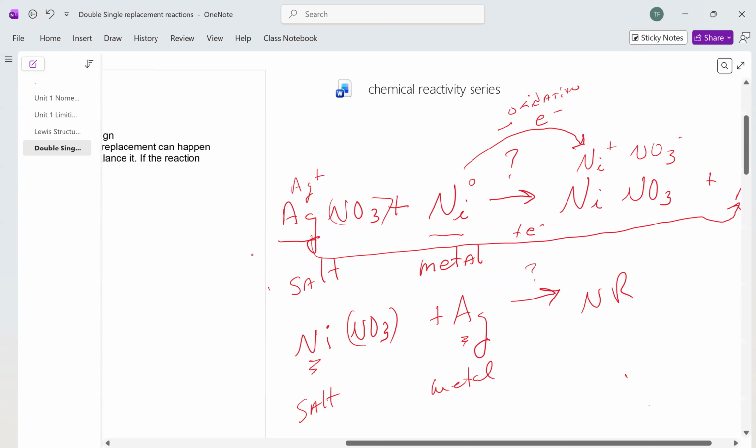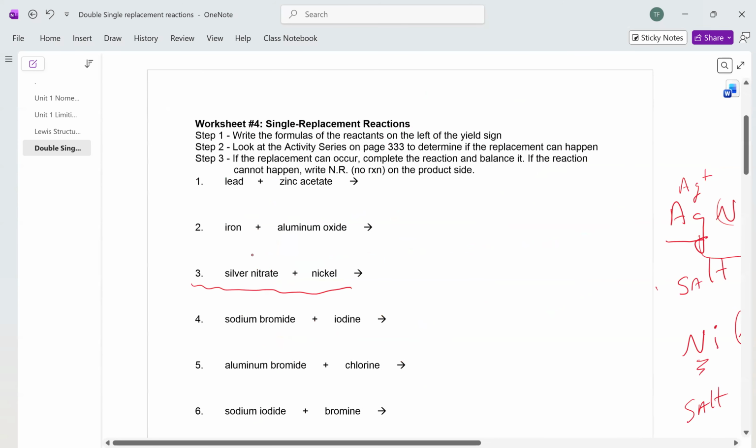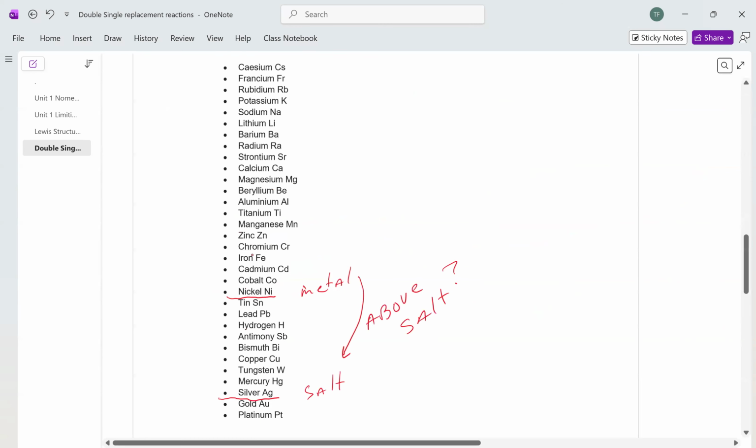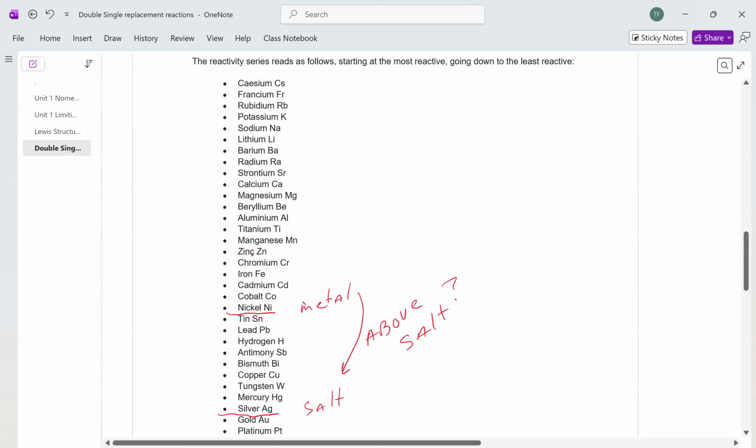So the table over here is a table of oxidations. And these are all metals now.